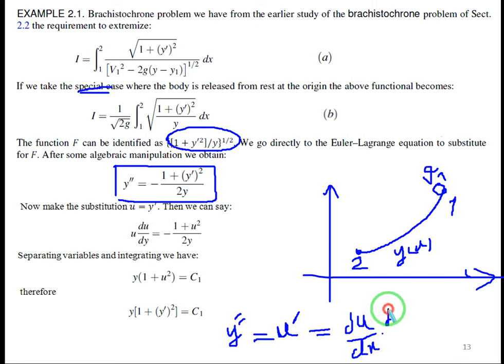We multiplied by d of y and divided by d of y.